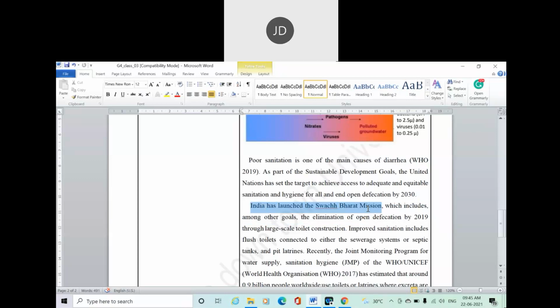Among all other goals, it aims at the elimination of open defecation by 2019 through large scale toilet construction.